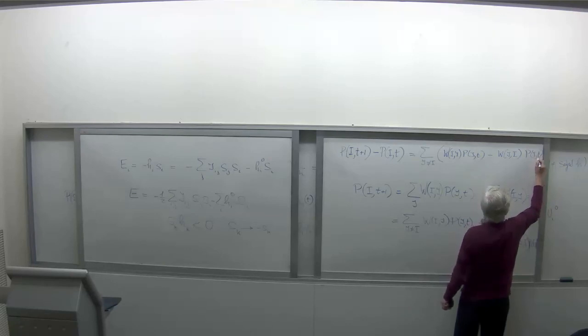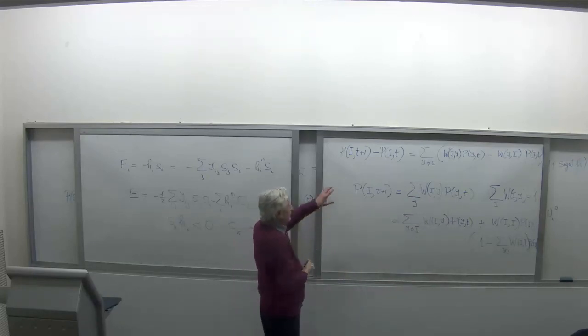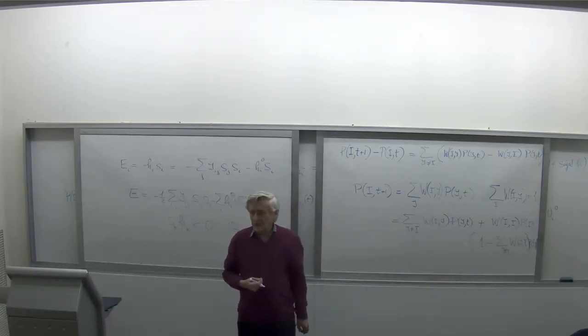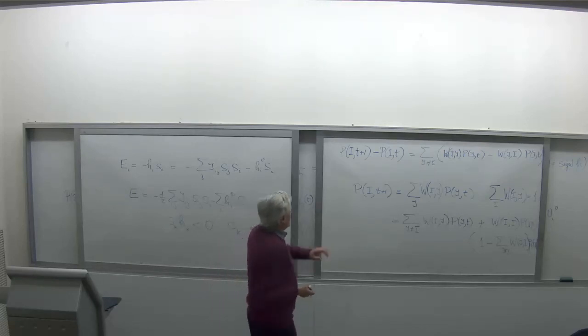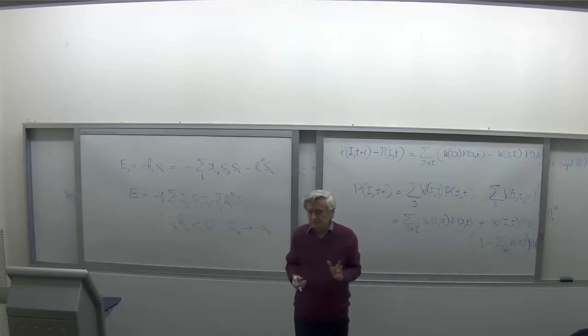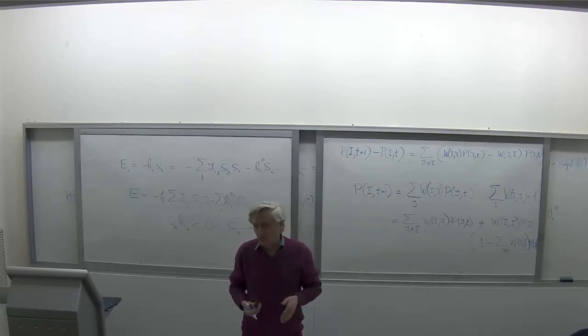Now you see, this is very easy to interpret, because the left-hand side tells you by how much the probability of configuration i has changed, or let us say increased.